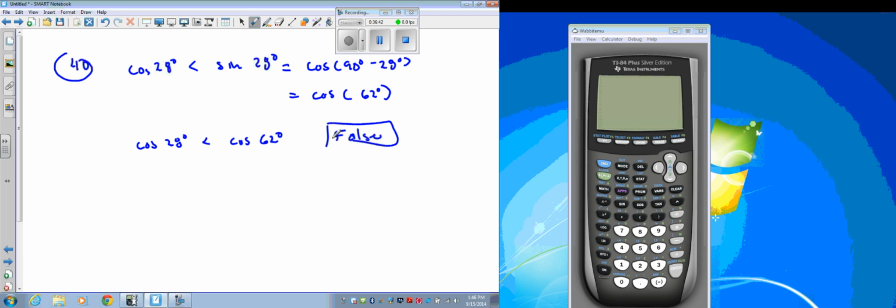So just say what's the equivalent of tangent 40 in terms of its cofunction, which is cotangent. It's the cotangent of 90 minus 40, which is 50 degrees. Then you say, all right, what's happening to the cotangent as the angle gets larger? Is the number getting smaller or bigger? You see that? That's what you do.